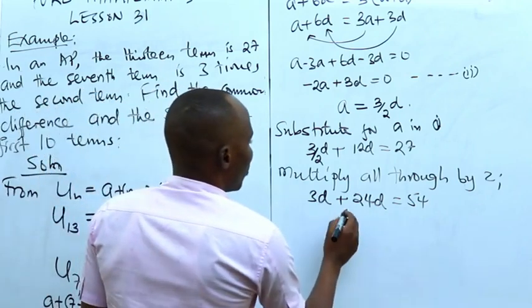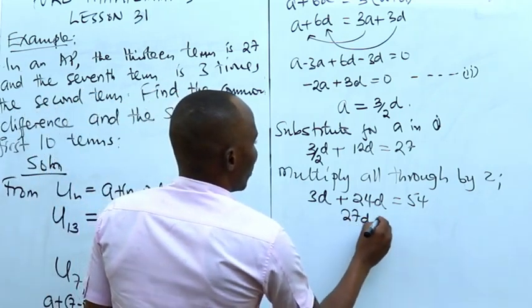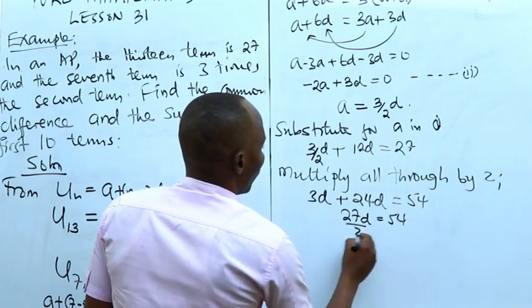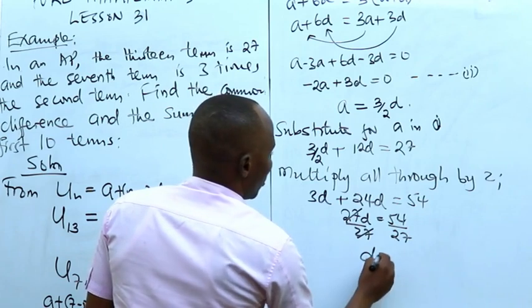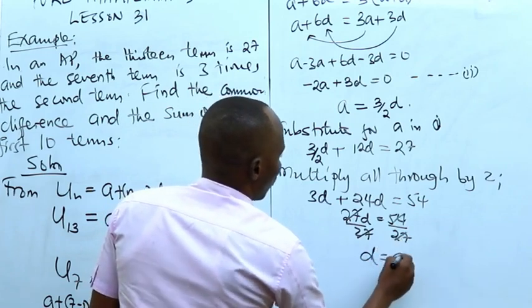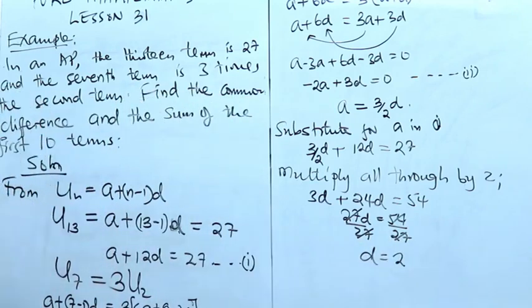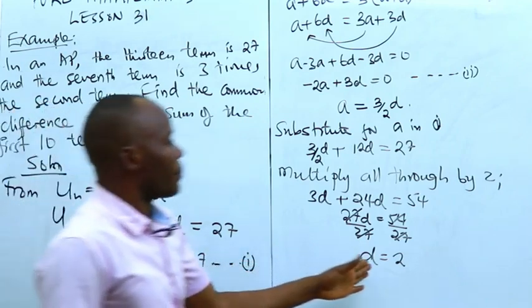So 3d plus 24d will get 27d is equal to 54. Divide by 27, divide by 27, the d reduces to 2. So our value of d is 2. I think it is part of the questions. They asked us to find a common difference. Our common difference is 2, and we've got it.